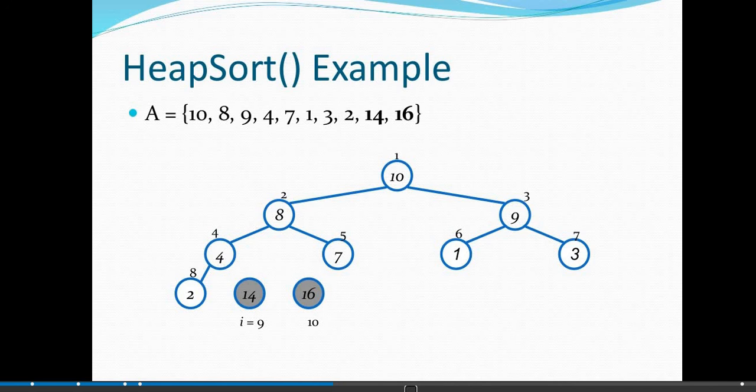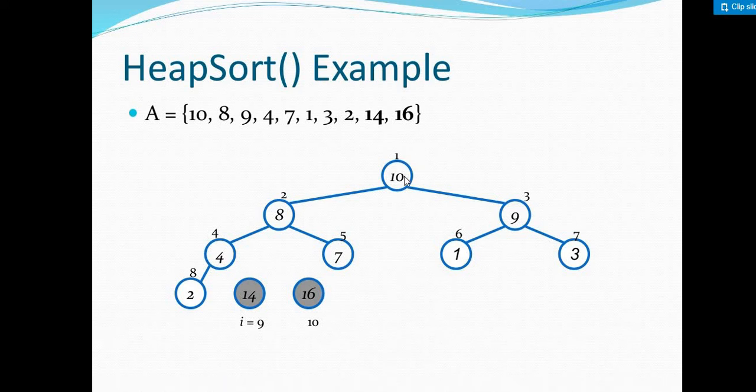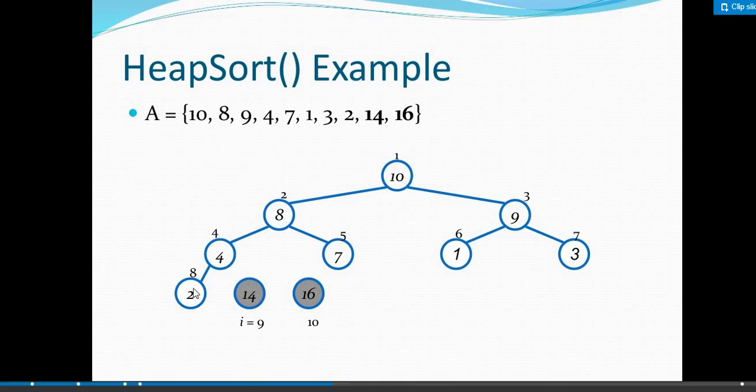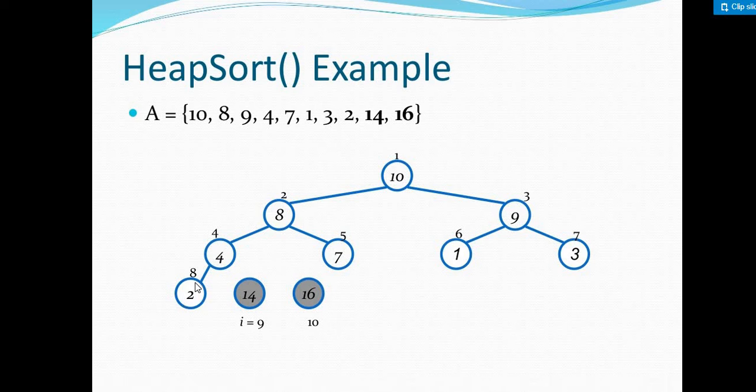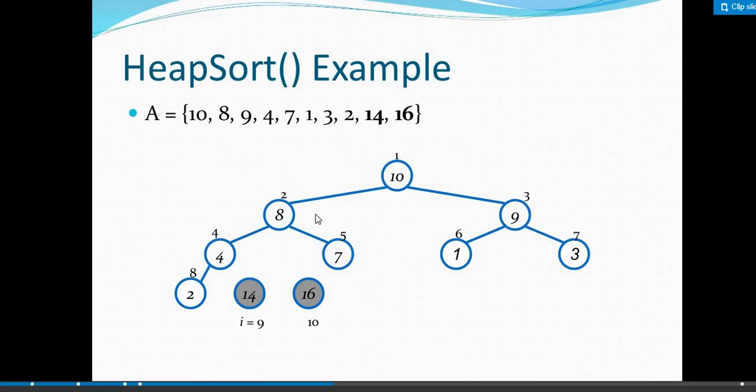What next? Now we'll remove the next top element. So 10 will be removed and shifted to this 8th position. Now again we'll apply the same process. Out of these two elements, whichever is greater will come up and take this position. When this 9 comes up, this place will become empty.